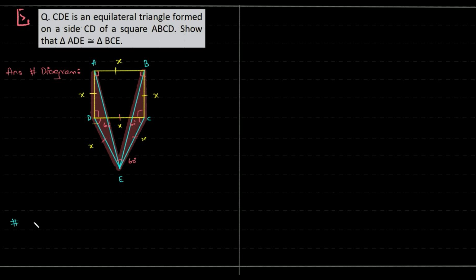Okay, I hope you guys thought about it. I'll directly start with the working. So in triangle CDE, as it's an equilateral triangle, CD is equal to CE, which is equal to ED.